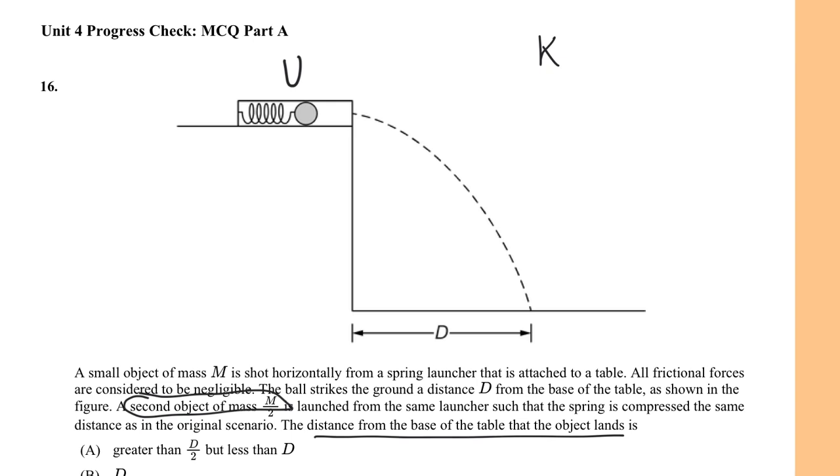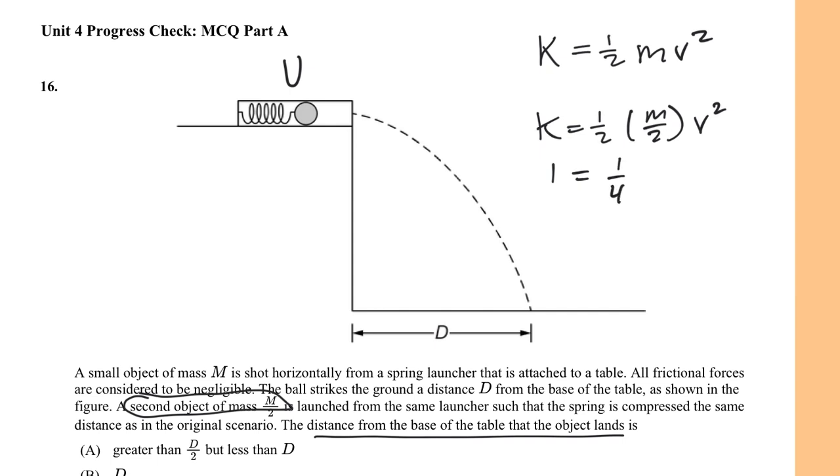So if we look at the mass of the object, K equals 1/2 mv squared. So what if we did K equals 1/2 of m over 2 times velocity squared? I know that all this potential energy will turn into kinetic energy. So 1/4.